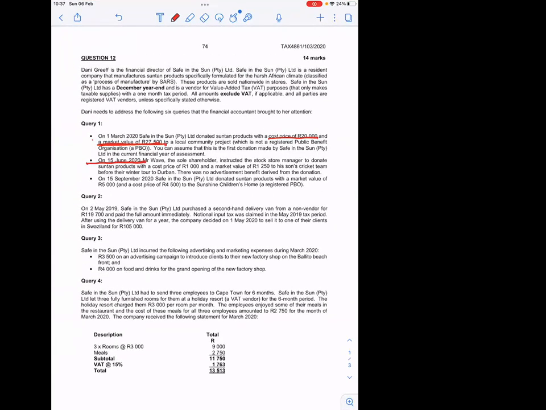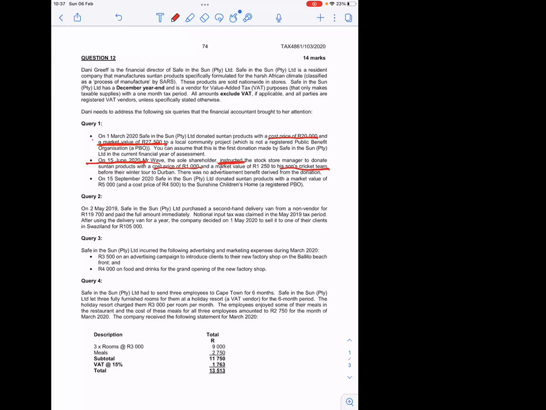Next one, it's here. On 15 June, Mr. Wave, the sole shareholder, instructed the store manager to donate certain products with a cost price of 1,000 and a market value of 1,200 to his son's cricket team before their winter tour to Devon.